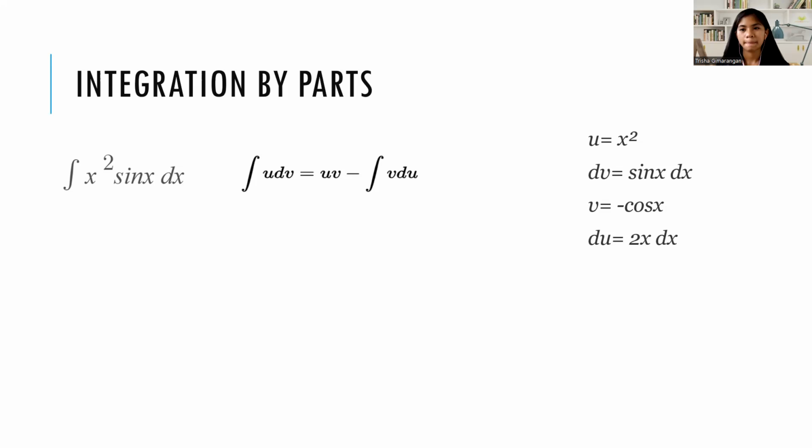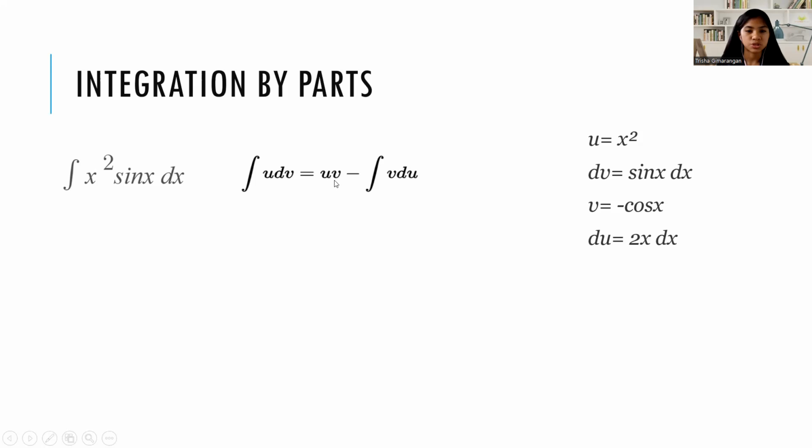From our function, we choose u as x squared, and the derivative of x squared, the value of du, is equal to 2x dx. Then our dv is sine x dx, whose integral is negative cosine x.